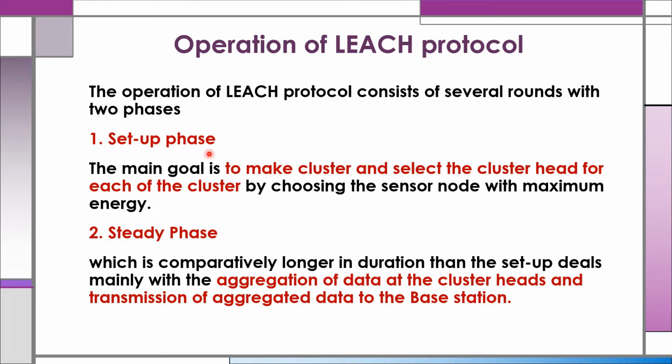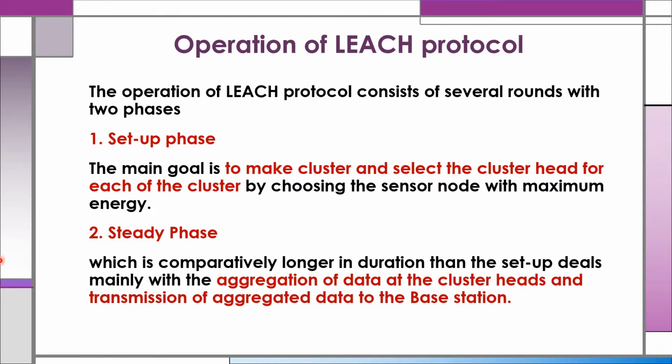In the setup phase, we are forming a cluster and identifying the cluster head based on the energy available in that node. In the steady phase, there is aggregation of the data at the cluster head and transmission of the aggregated data to the base station.